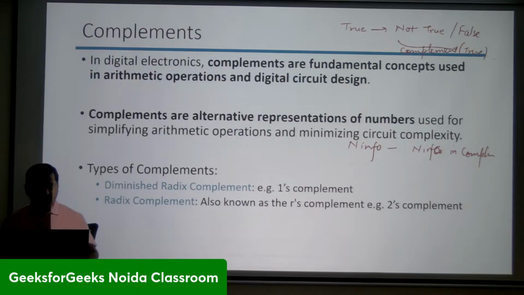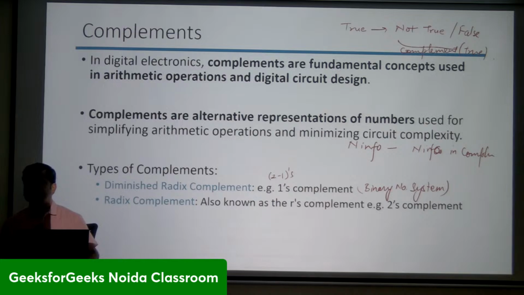There are two types of complement. The diminished radix complement, for example, is one's complement in binary, which is less than the base by 1. So you can say it is the 2 minus 1 complement.